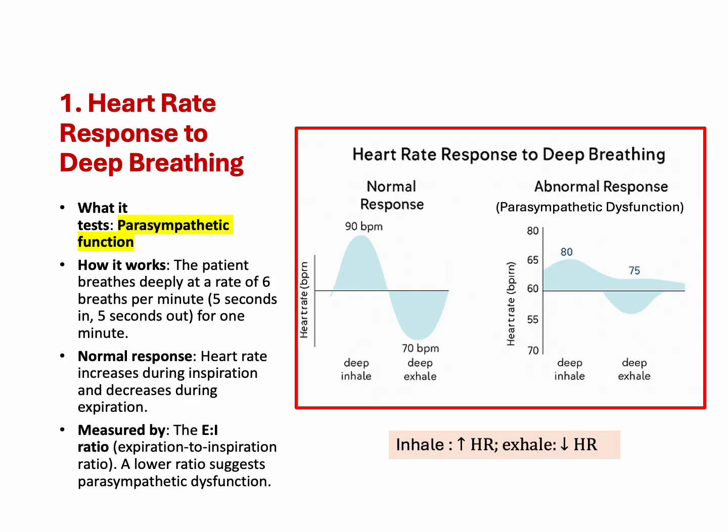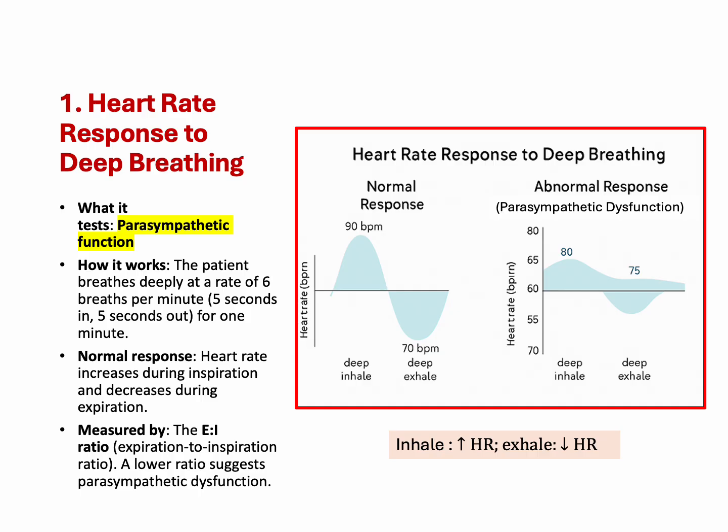The first test is heart rate response to deep breathing. This test assesses parasympathetic function by measuring heart rate changes during deep breathing. Normally, heart rate rises with inhalation and falls with exhalation. So the expiration to inspiration ratio, the E:I ratio, quantifies this.